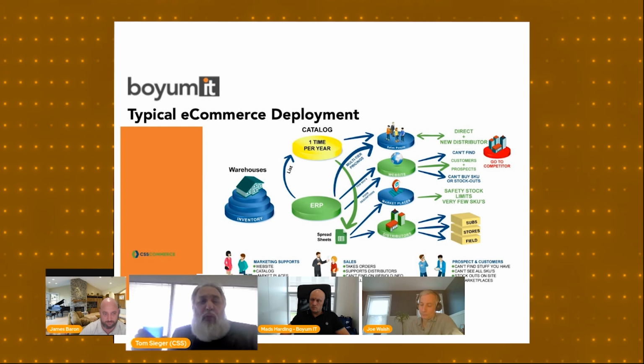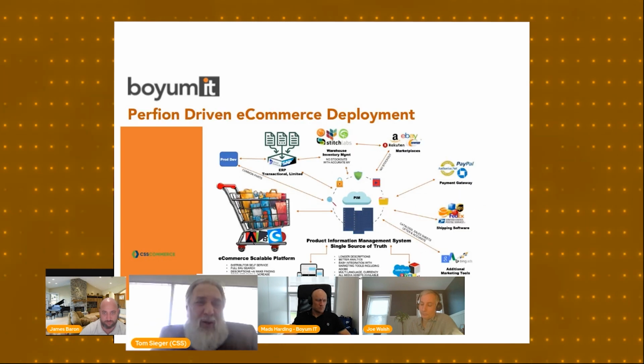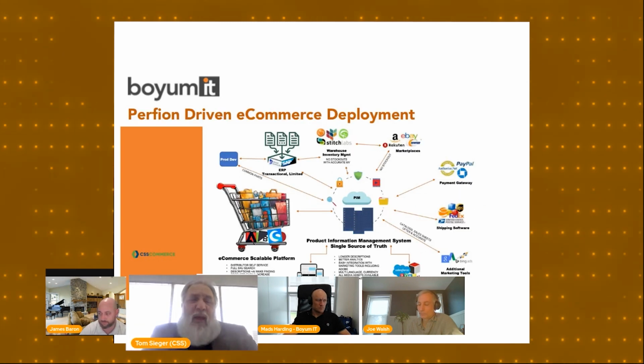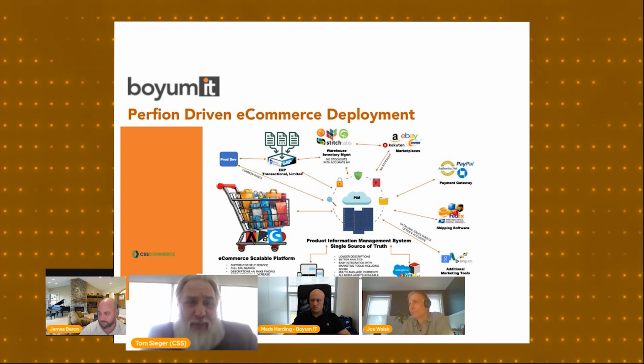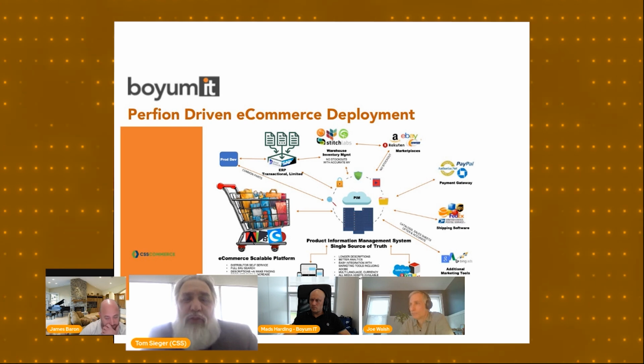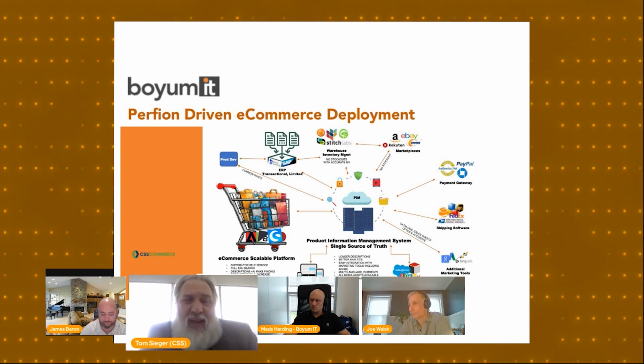So what happens with PIM? Let's go to the next slide. What PIM does, product information management, which is what Perfion is, in fact, a product information management platform, is it allows you to organize all of that data.